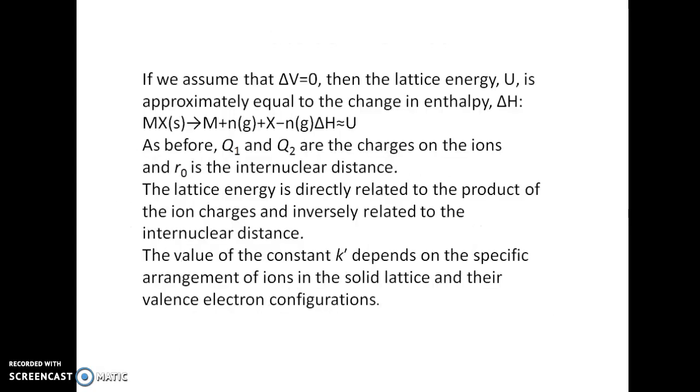So if we assume that delta V is equal to 0, then lattice energy U is approximately equal to the change in enthalpy delta H, that is MX solid gives M^n+ gaseous plus X^n- gaseous, delta H is equal to U.